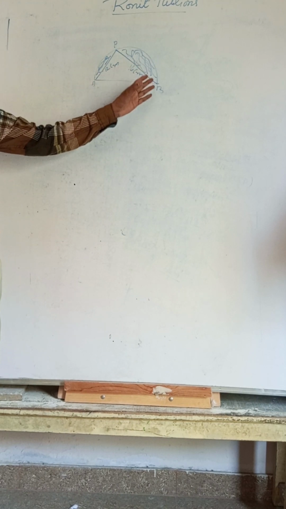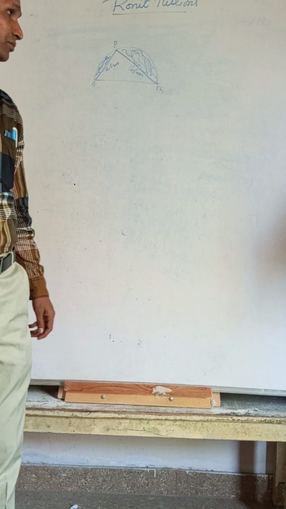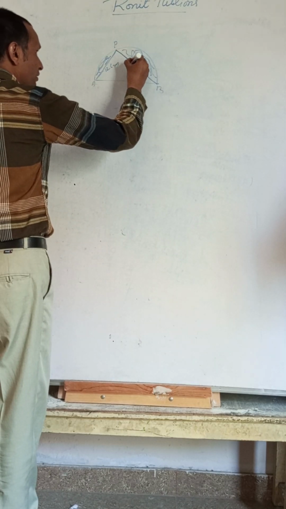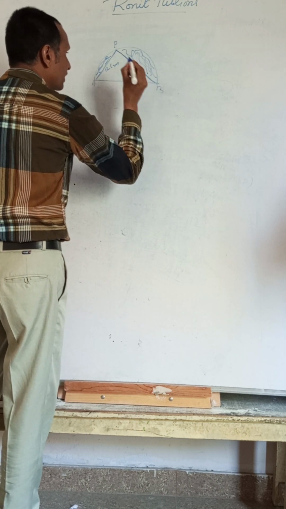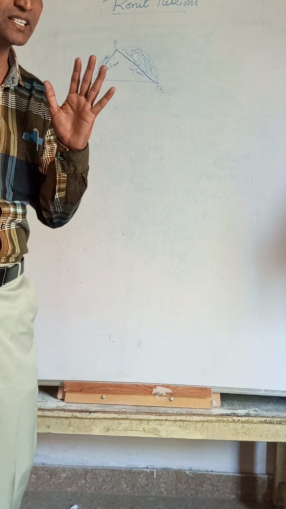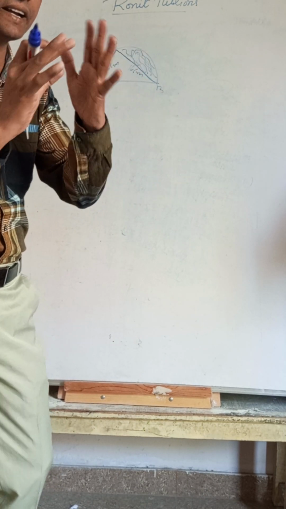You know, this is a semicircle, and in that a triangle is made. This is the diameter of the circle. Now, on a diameter of a circle, the triangle made is always a right angle triangle.